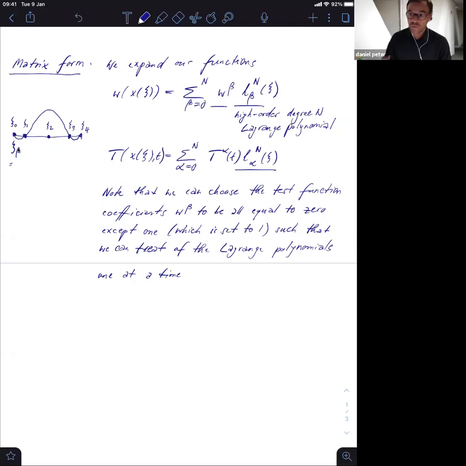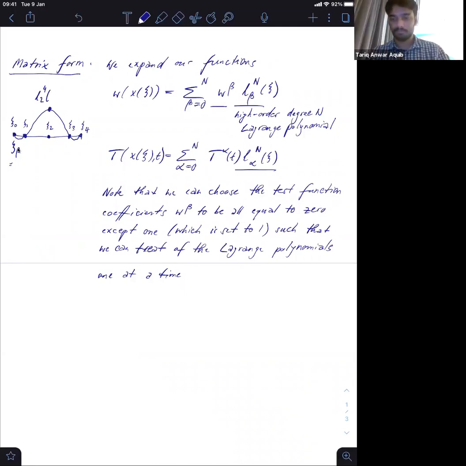Now L2,4 is only 1 at psi 2. So see, L2,4 at psi 2 is 1 and 0 on all the other locations.